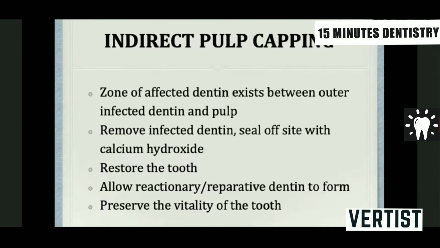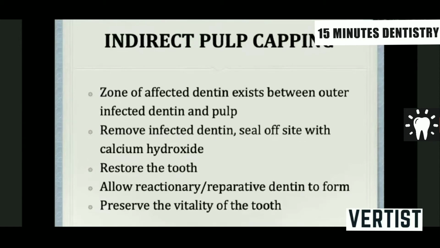So, in that, the margins of the carious cavity have to be extended to the healthy dentine and the enamel, so that the restorative material will have a good coronal seal, and the soft infected dentine has to be removed to the maximum extent.